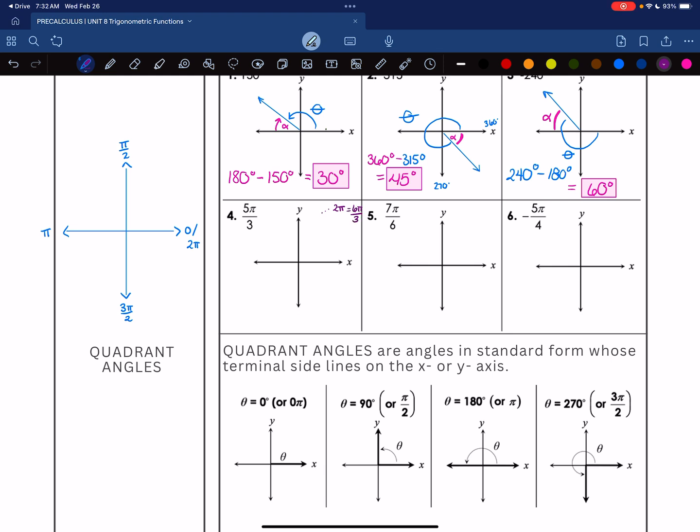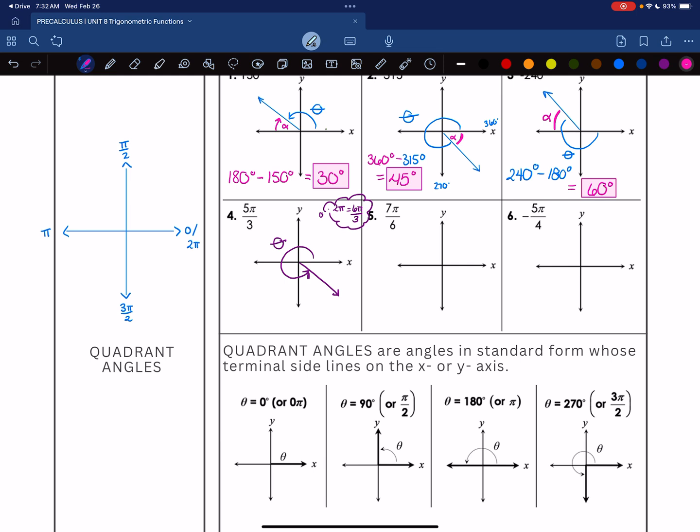So if we're at 5 pi over 3, we must be all the way in this fourth quadrant. We rotated all the way to here. That is our 5 pi over 3.